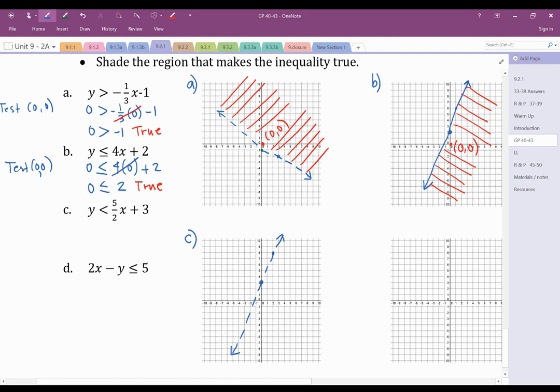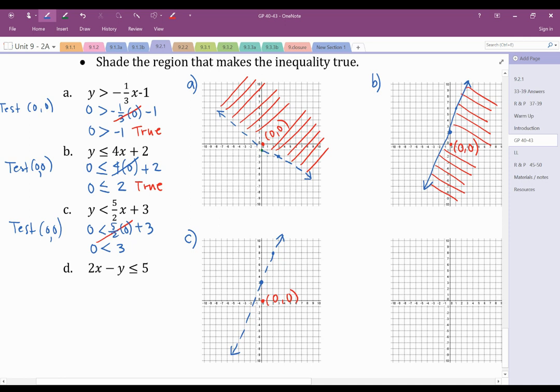Okay, now we test. Our 0, 0 is on the right side. So this is 0, 0. We test our point. Okay, so 0 is less than 5 over 2 times 0 plus 3. We cancel 5 over 2 and 0 is less than 3. Again, it's true.